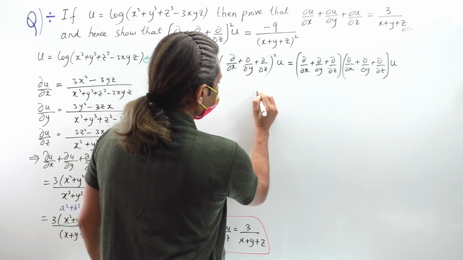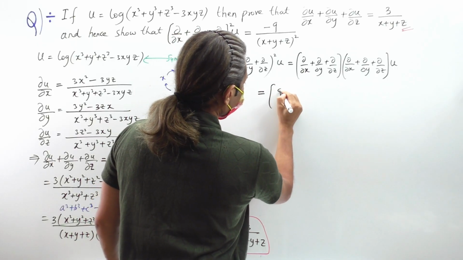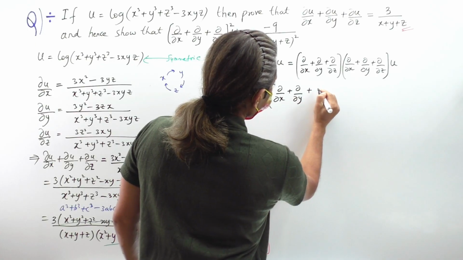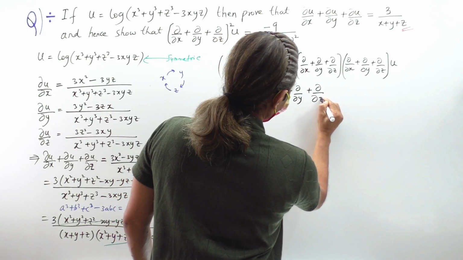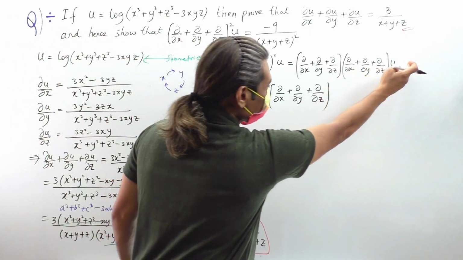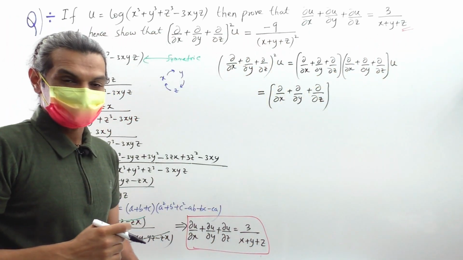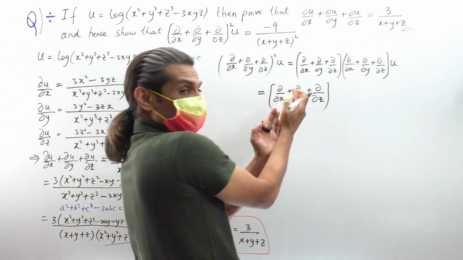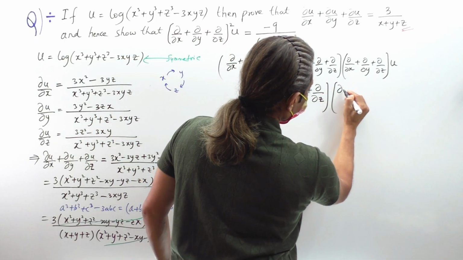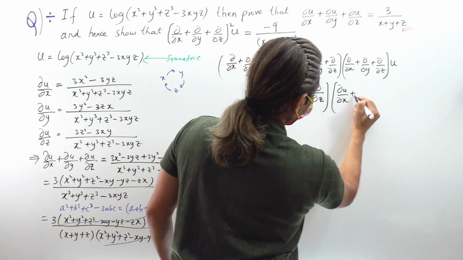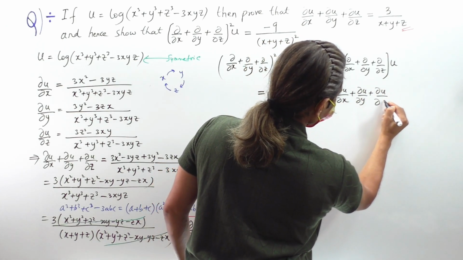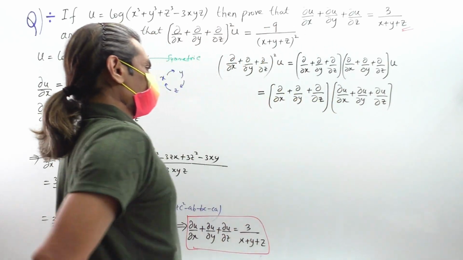Now that equals (∂/∂x + ∂/∂y + ∂/∂z) into, what I will do is take this u inside this bracket. So this will be now ∂u/∂x + ∂u/∂y + ∂u/∂z. That's it.